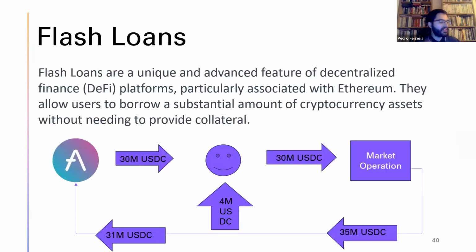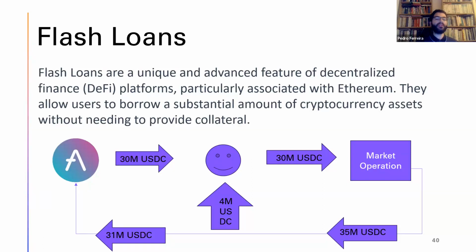Flash loans. Flash loans are, I would say, the most innovative thing in the space. Many people say that DeFi is just a translation of traditional finance, and that there is no innovation in the space made by this kind of protocols on DeFi.